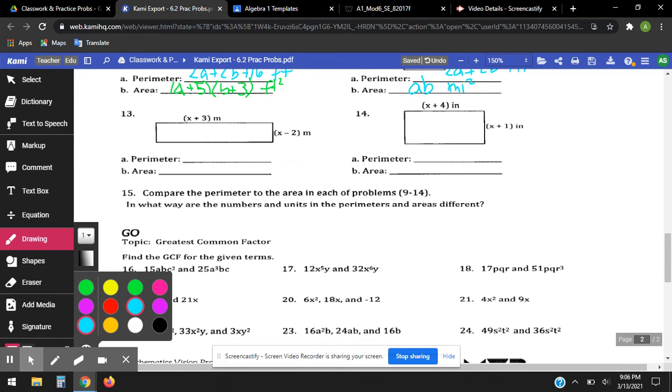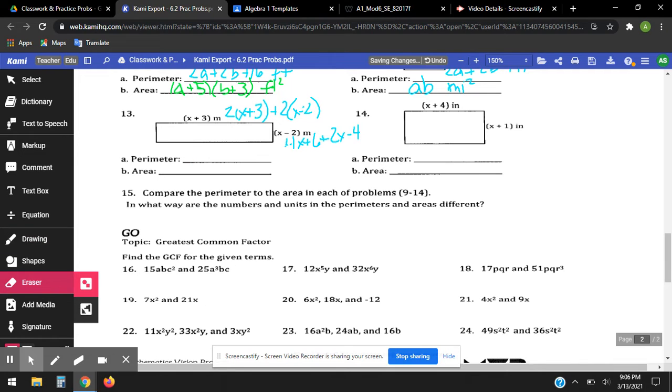All right, here's another one of those kind of messy ones. So if I have 2 times x plus 3, I'm going to add to it 2 times x minus 2, then I'm going to end up with 4x plus 6 plus 2x minus 4. So now these have the same variables, so I can simplify them together. Oh, wait, it's not a 4.